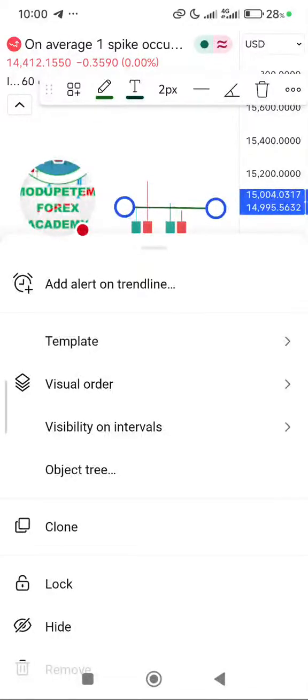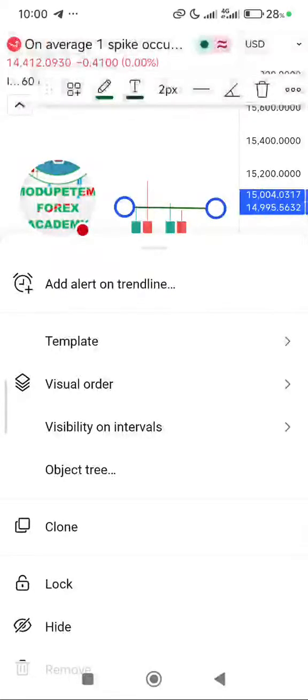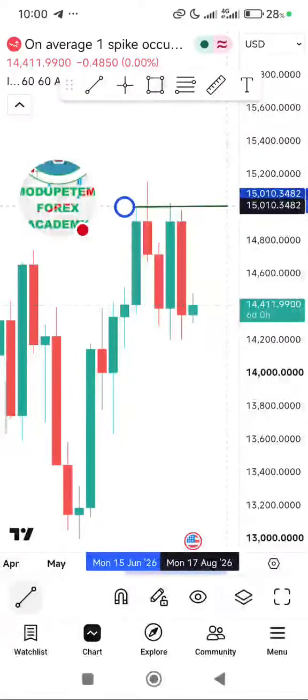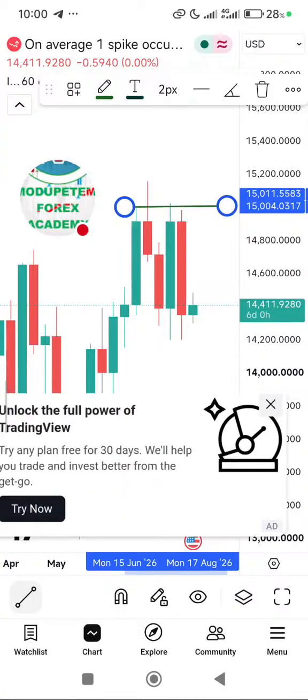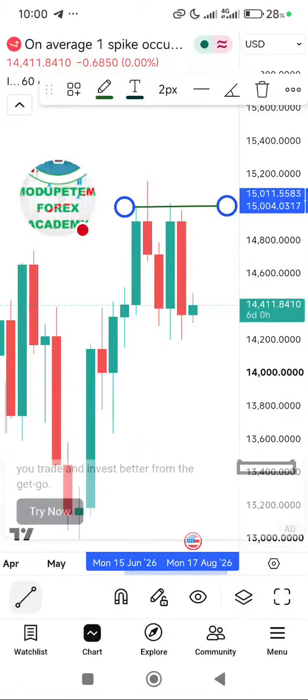So this Volatility Boom 1000 now, they've traded against this CRT here. They've traded beyond it.